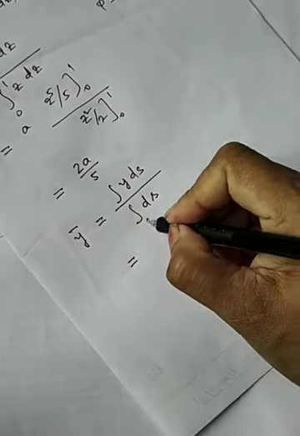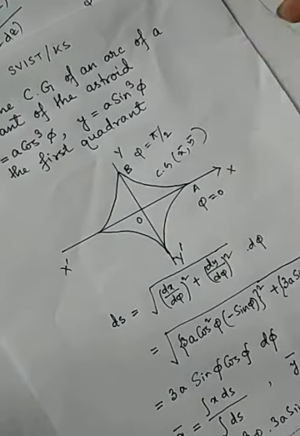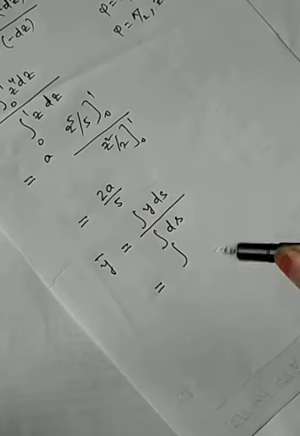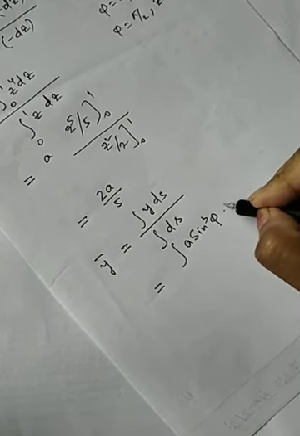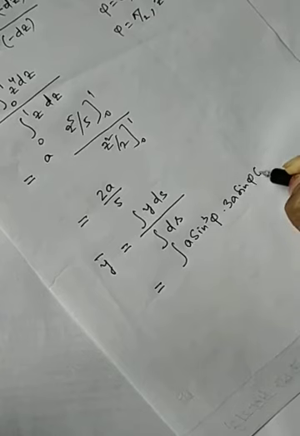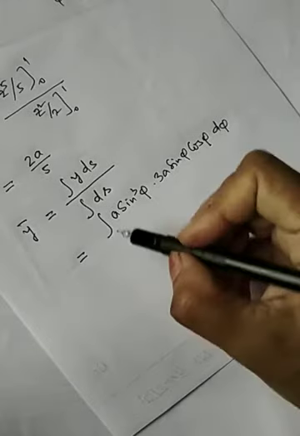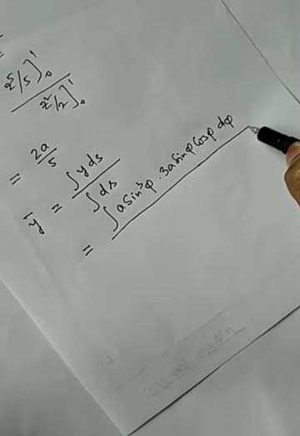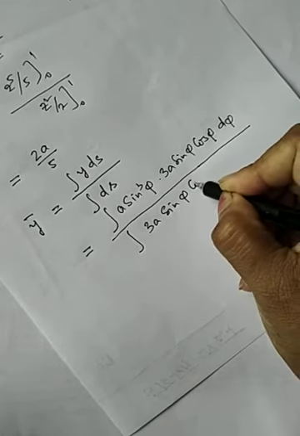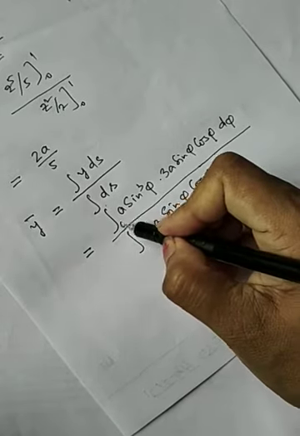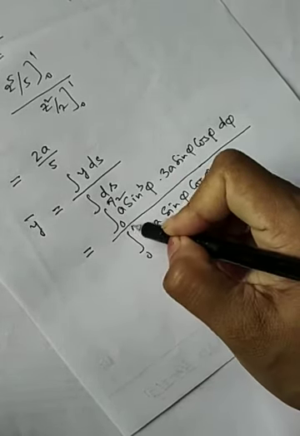So integration y value, look here, the y value is a sin cube phi, and ds is 3a sin phi cos phi d phi, divided by integration 3a sin phi cos phi, and this is 0 to pi by 2.